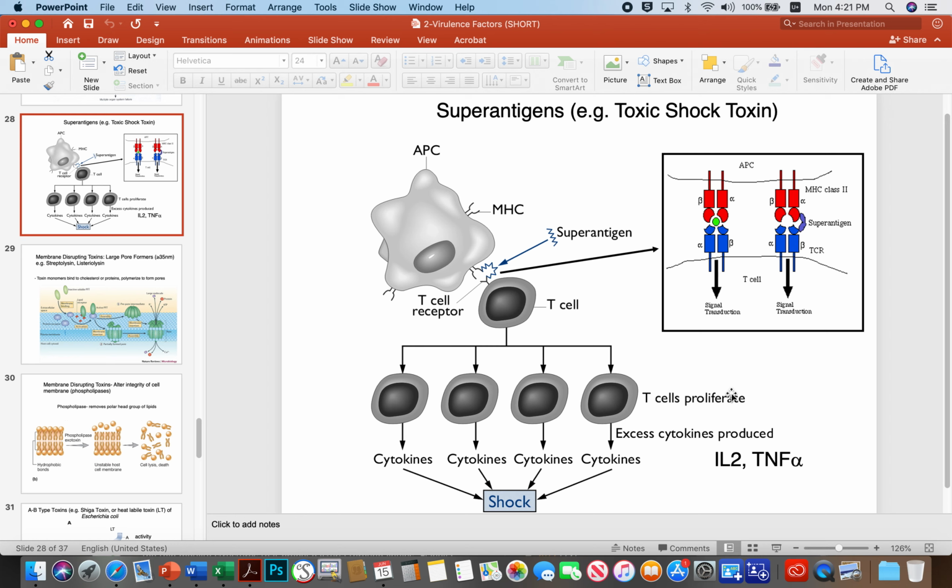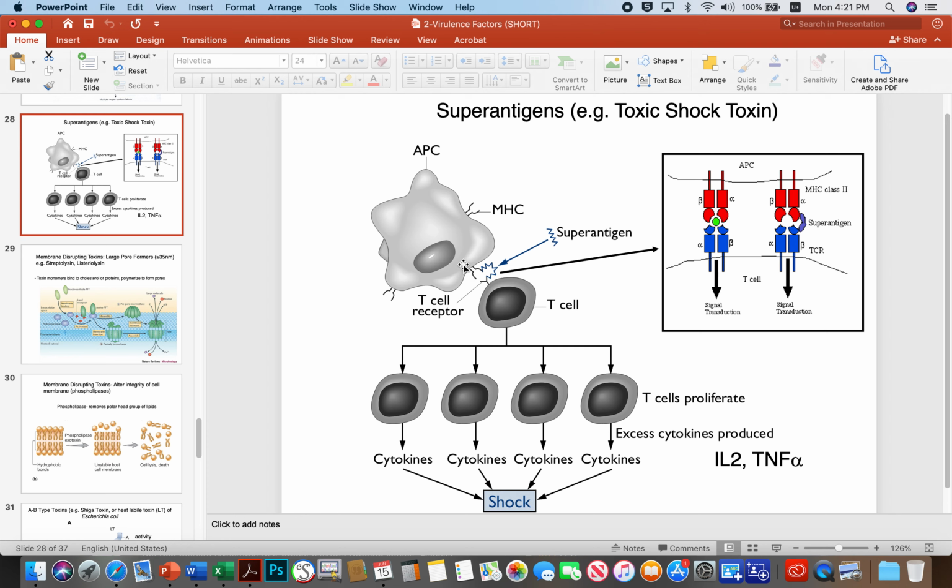So these are the type 1 protein toxins, and an example of that is toxic shock toxin that's produced by staph and strep species. And so these organisms would produce these toxins referred to as superantigens, and these superantigens will cause antigen-presenting cells, or APCs, like macrophages and so forth, to have a weird interaction with the T cells.